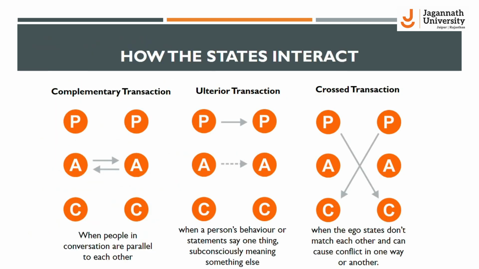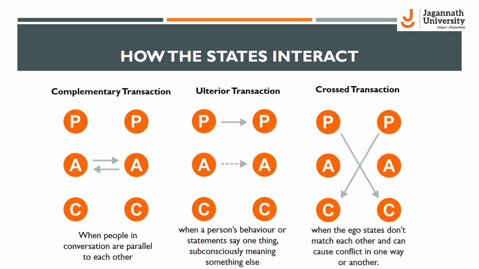Now, on the basis of these states, there are different types of transactions. There are basically three types of transactions defined: complementary transaction, ulterior transaction, and crossed transactions. As you can see in this slide, the first one is complementary transaction. P means parent, A means adult, and C means child.